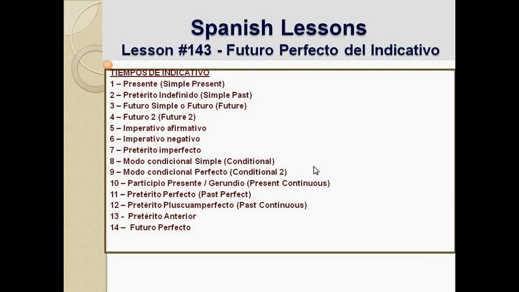If you remember our previous lesson when I taught the pretérito anterior, we spoke of a sentence that has 2 different moments in the past where one happened immediately before the other one. This is similar but in the future. One happens immediately before the other moment, although they are both in the future. But I will show you that with an example very soon.